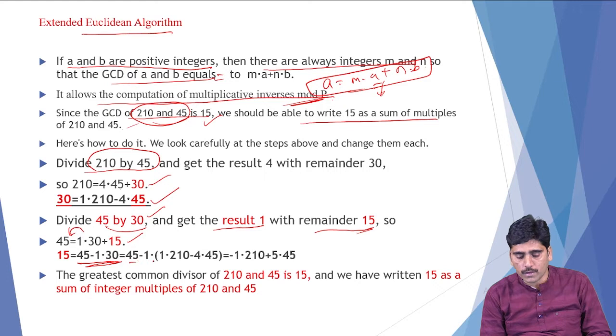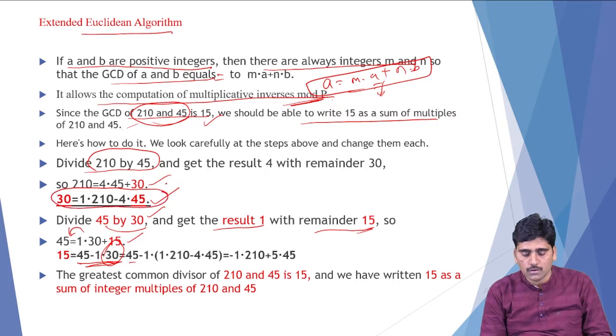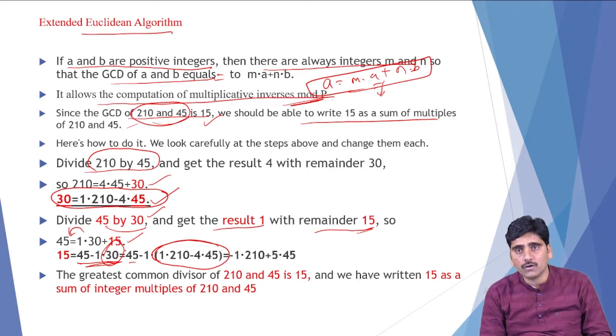So 45 minus 1 into, instead of 30, you write 1 into 210 minus 4 into 45. You should write that. Then what is the value? Minus 1 into 210 plus 45, and this 4 into 45 becomes 5 into 45, right?